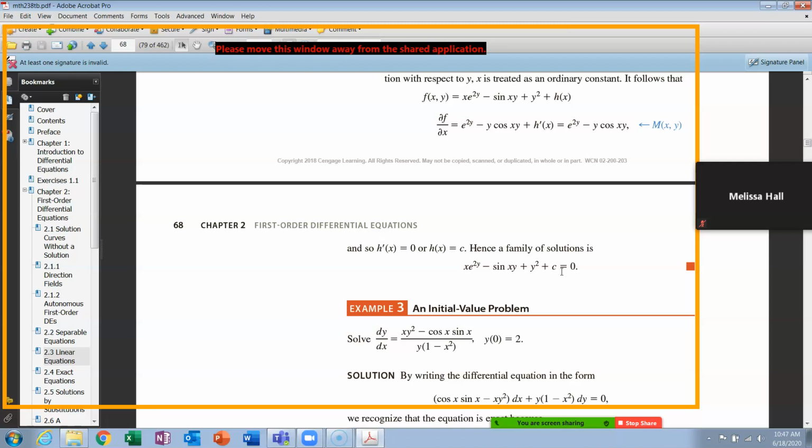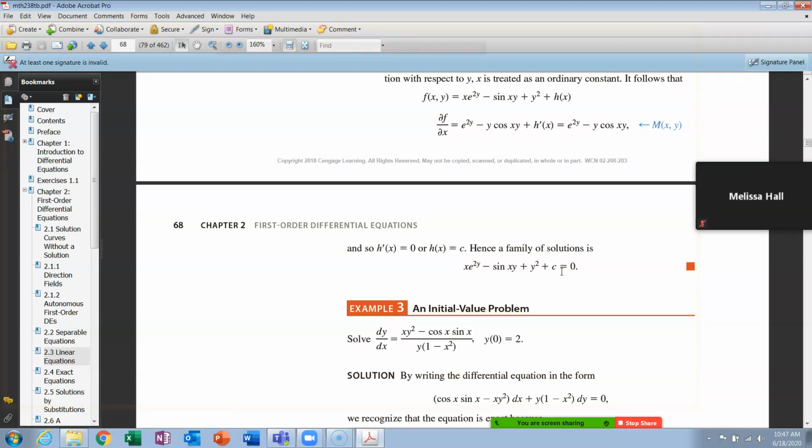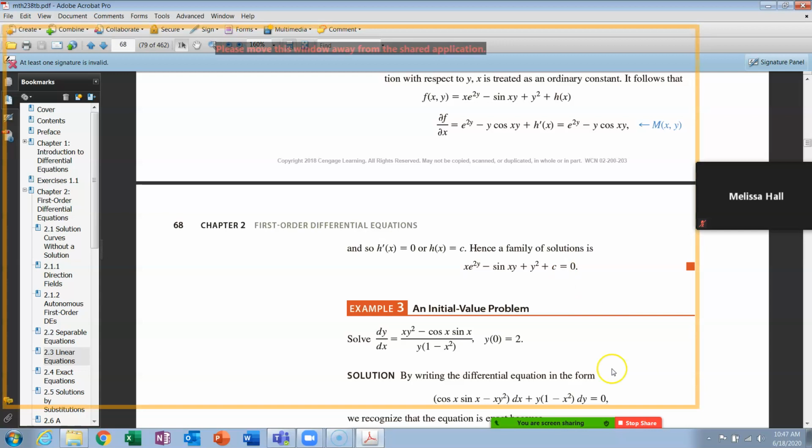Let's start next time. Any questions on that before we leave it? We will start next time with example 3 near the top of the next page. Any questions? Homework exercises here. Let's scroll down so you can see them.